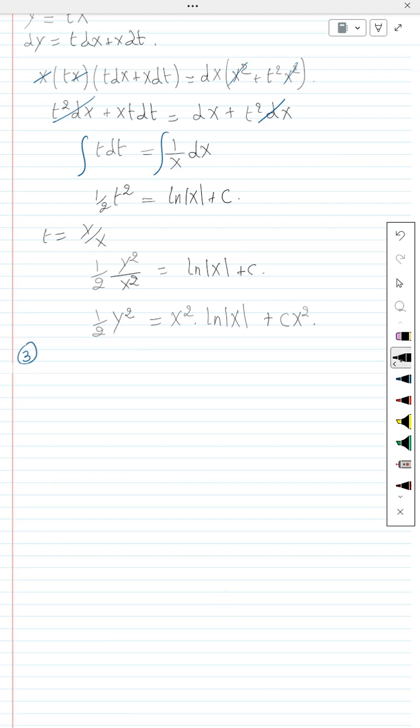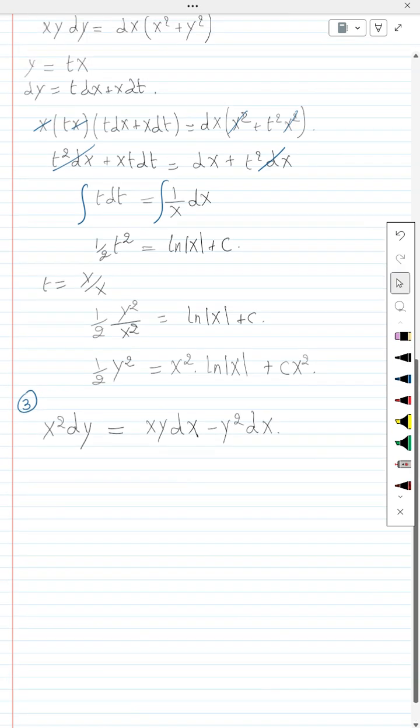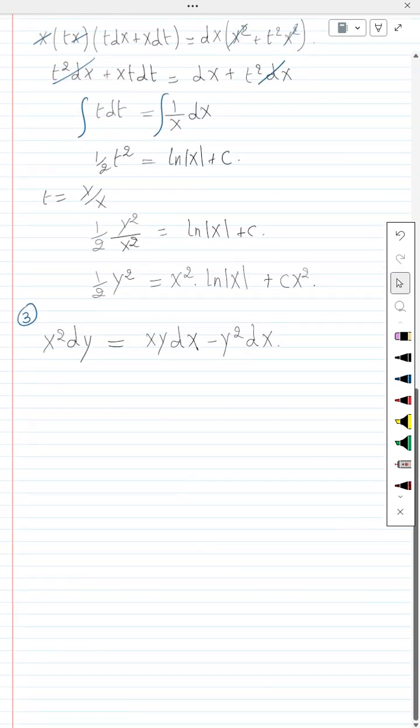We have x squared dy equals xy dx minus y squared dx. This equation is not separable.